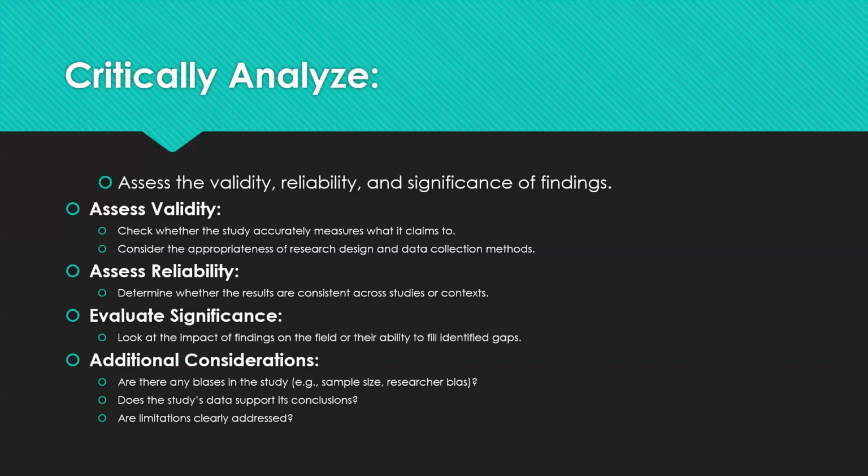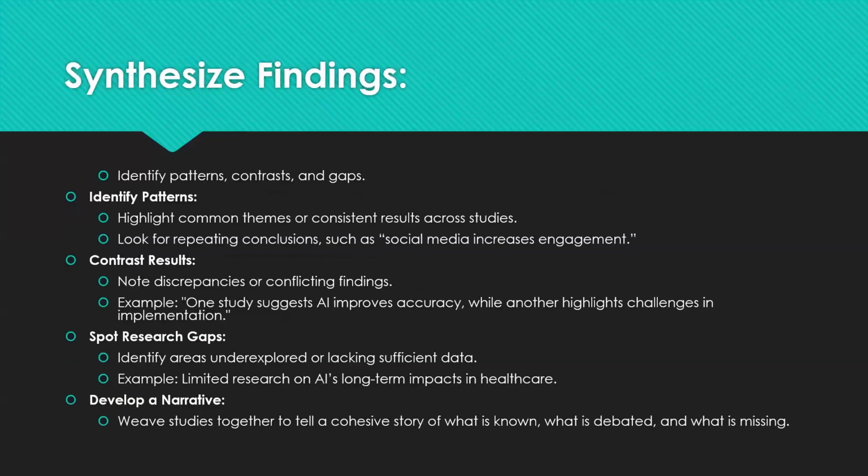Then the last thing is you need to analyze each and every aspect and study everything very carefully. You need to ensure your literature review is grounded in credible and high quality research, providing a strong foundation for your own study or not.